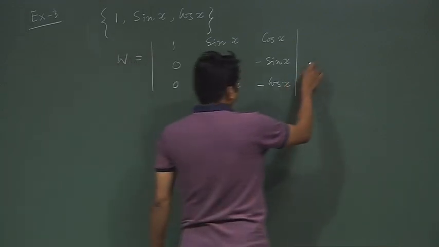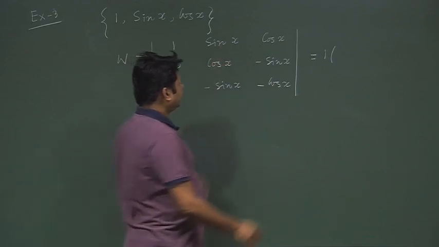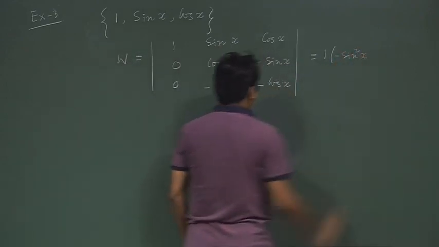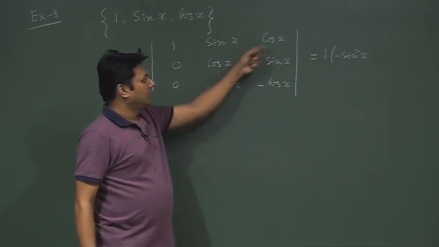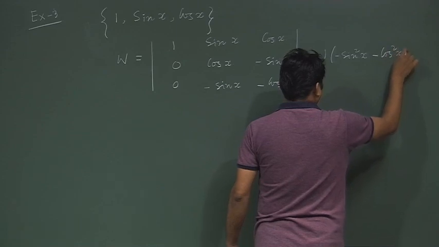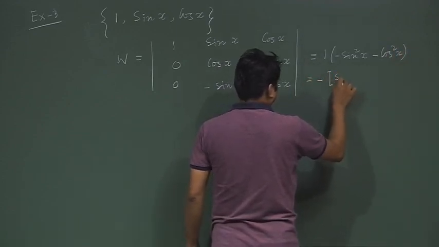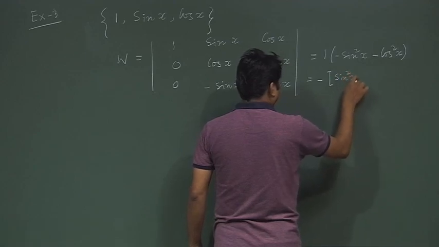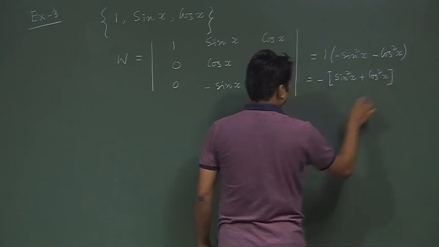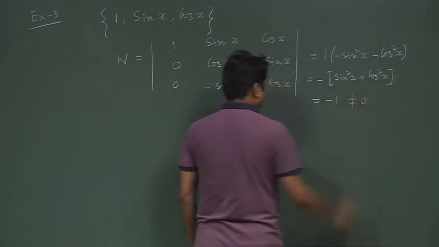Then I have 1 multiplied by minus sin square x minus cos square x, or minus of sin square x plus cos square x, which is minus 1, not equal to 0.